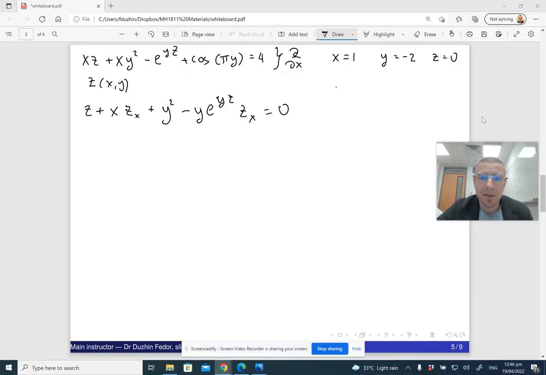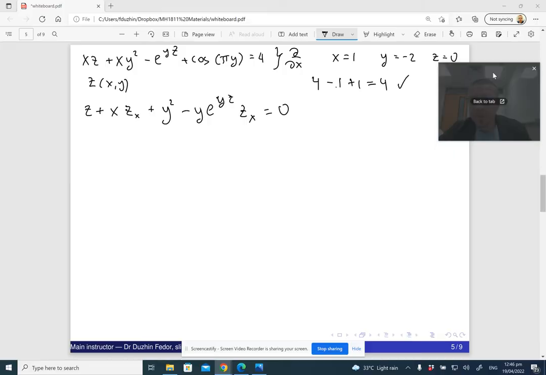So xz, z is 0, so it's just 0, plus x times y squared, so this is 4, minus e to the 0 is 1, plus cosine of pi y, so y is negative 2, so this is cosine of minus 2 pi, which is 1, so plus 1 equals 4. Okay, so the equation is satisfied, so check.